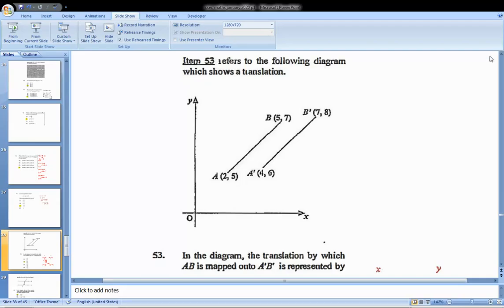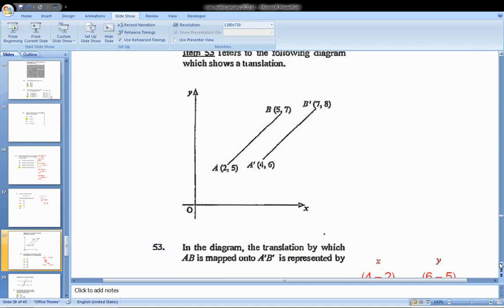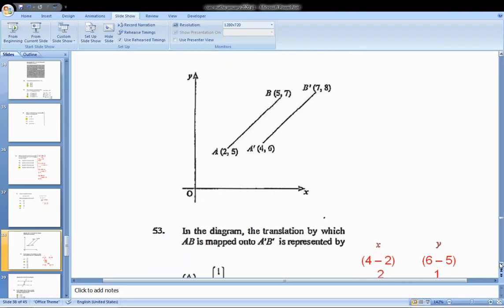It says in the diagram, the translation by which AB is mapped onto A prime, B prime is represented by. So what we simply do is take the values from x and y and subtract them for us to know what it is represented by.